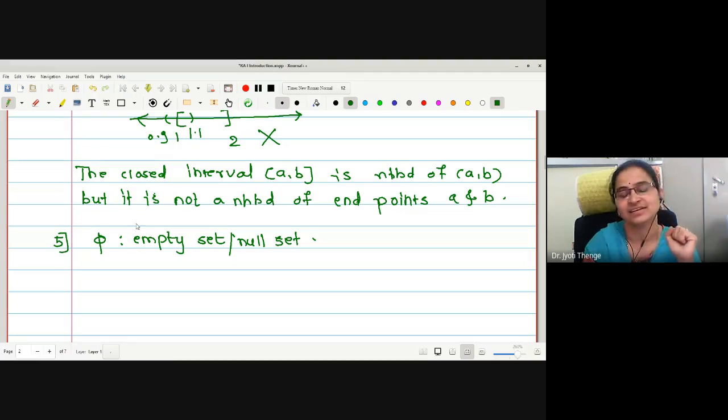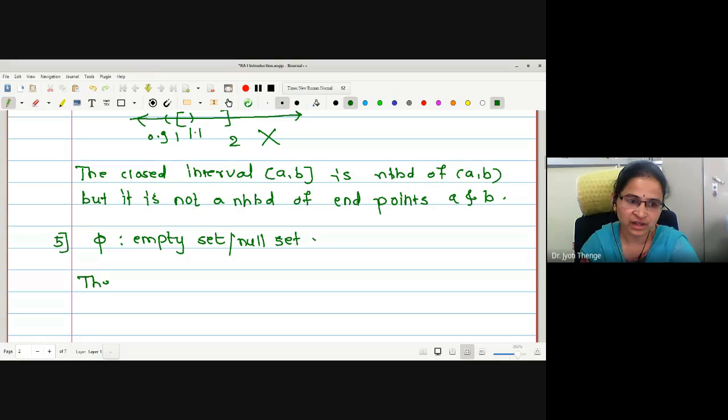Confusing, na? The question is whether the empty set is a neighborhood of its points. Suppose I mark the statement that the null set is a neighborhood of each of its points. Do you agree with this?